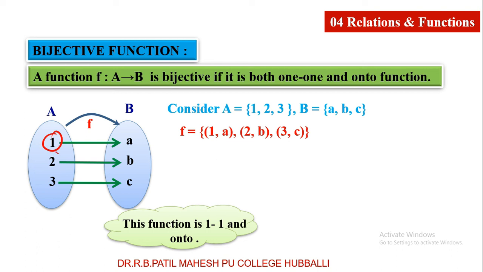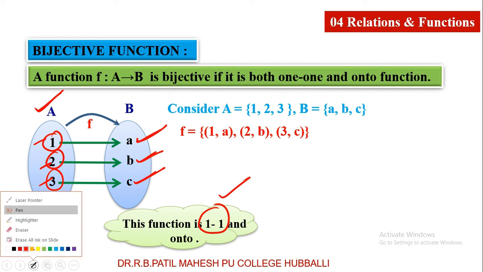Every element of A has a different image; different elements of A have different images, that's why this function is 1-1.